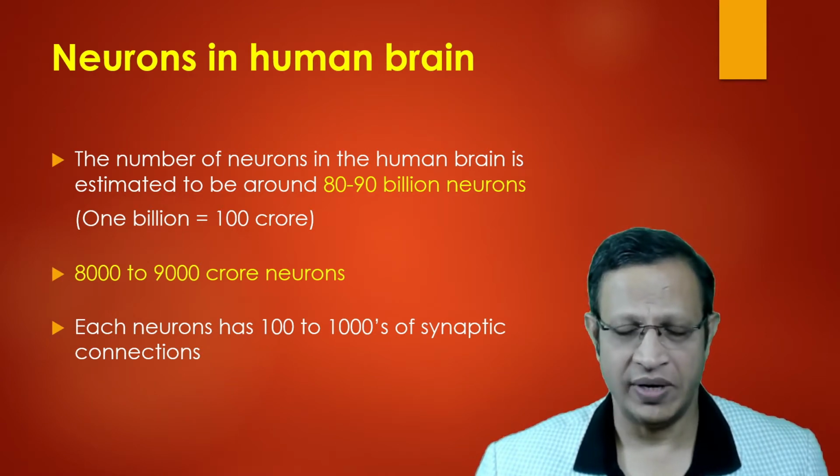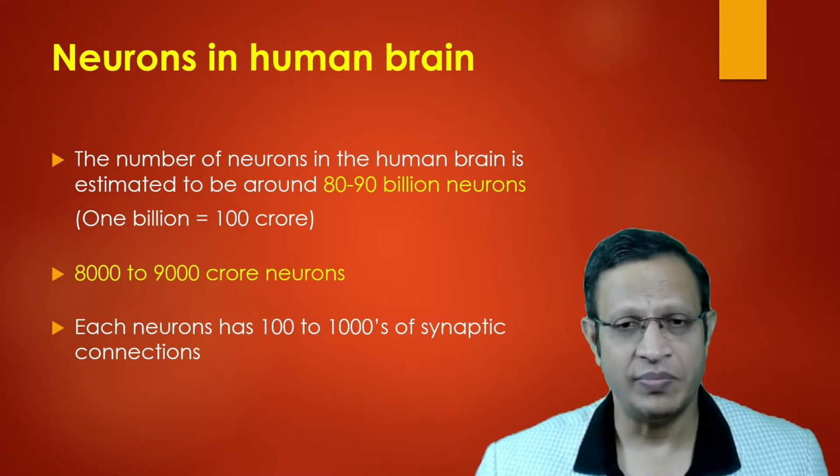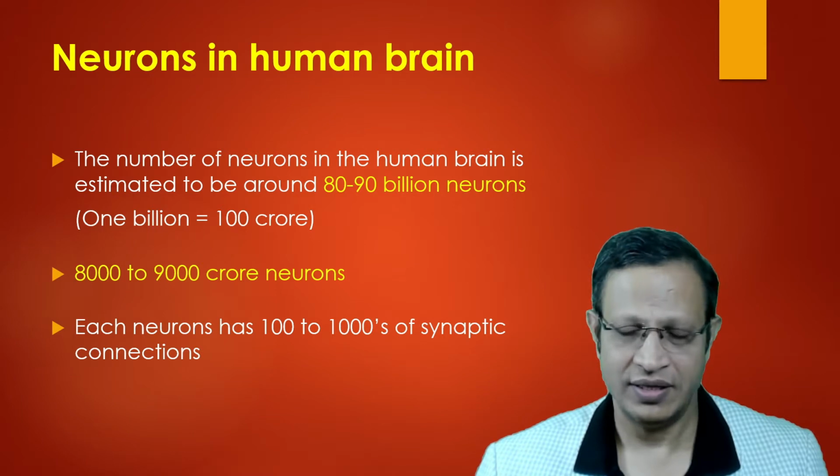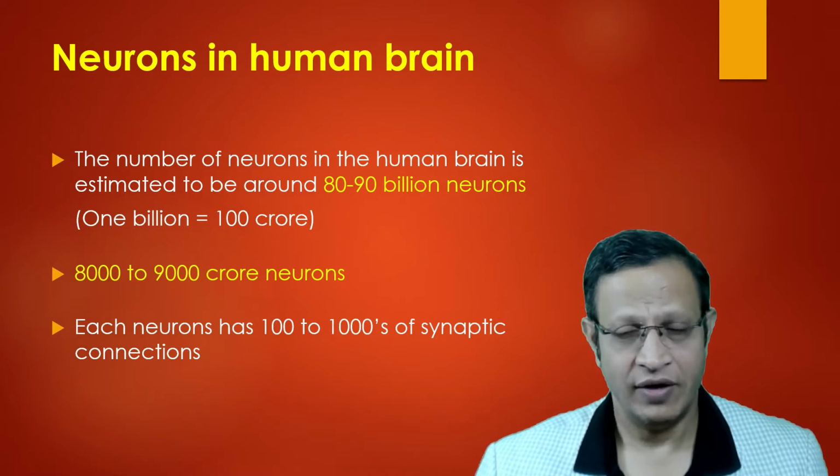Neurons in the human brain are the fundamental unit of the brain. The number of neurons in the brain is somewhere around 80 to 90 billion. 1 billion is equal to 100 crore, my dear friends. If you want to express it in crores, it is 8,000 to 9,000 crore neurons.